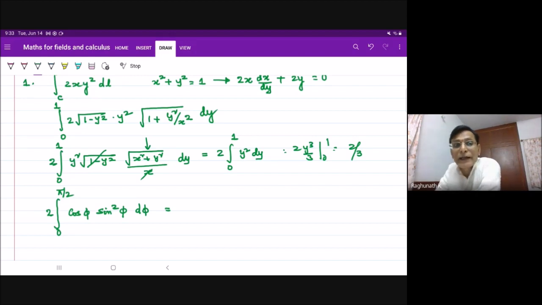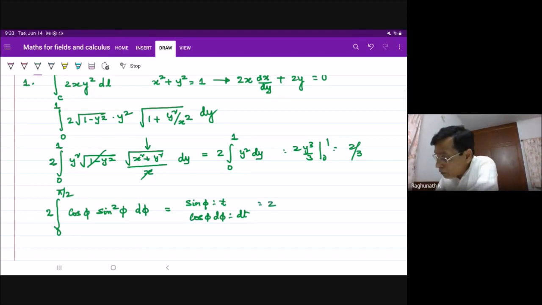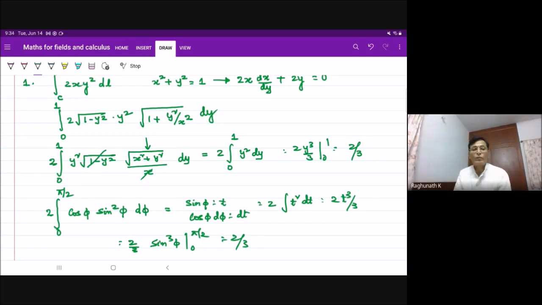If I evaluate this integral, put sin phi equal to t, so cos phi d phi is equal to dt. This becomes 2 integral t squared dt, which is 2 t cubed by 3. With t equal to sin phi, it is 2 by 3 sin cubed phi from 0 to pi by 2, which is 2 by 3. Please see.